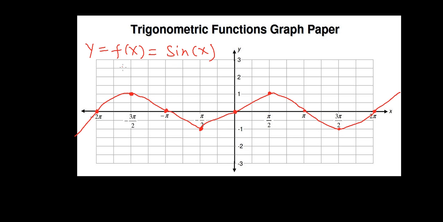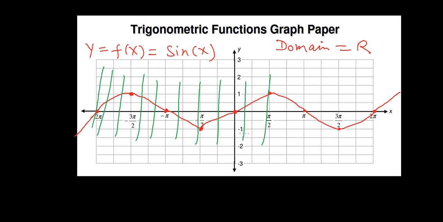And the domain of the function is equal to R, because it is defined for all the values of x. You can see that the function is defined for all the values of x.